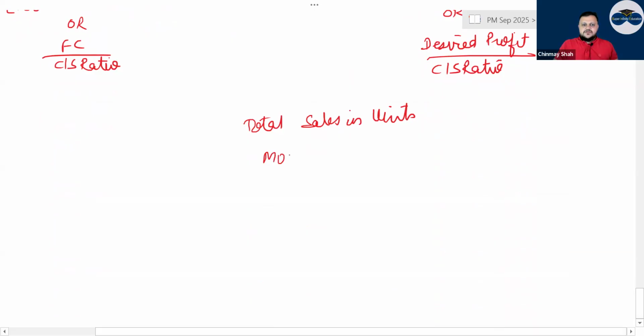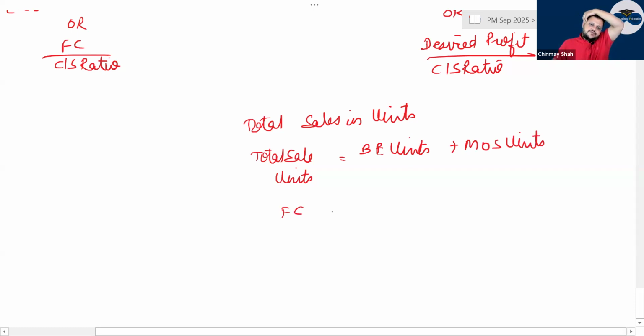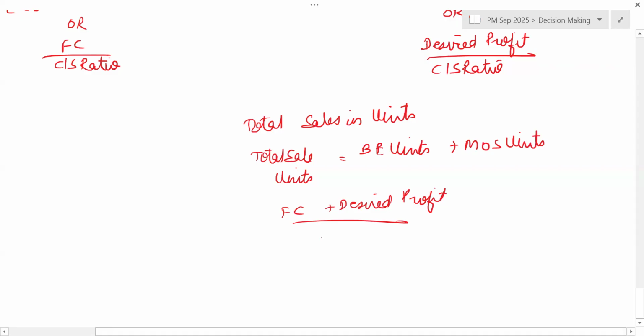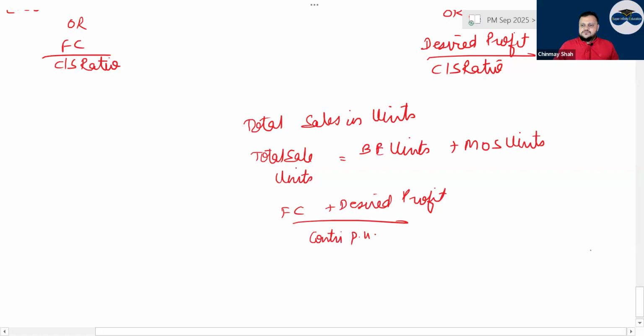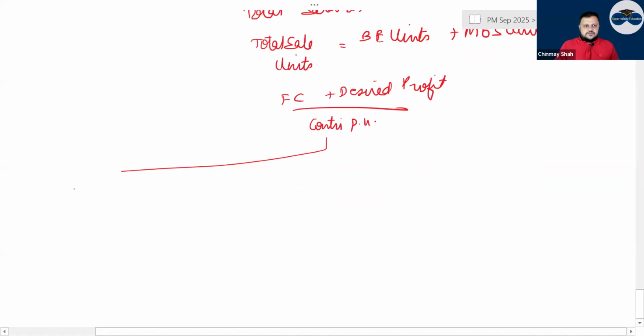Total sales in units is what? Total sales units is equal to BE units plus MOS units. Correct? But sir, what is the other formula? Fixed cost plus desired profit divided by, what do I divide this by for total sales? Contribution per unit. Right? Divide this into two parts.